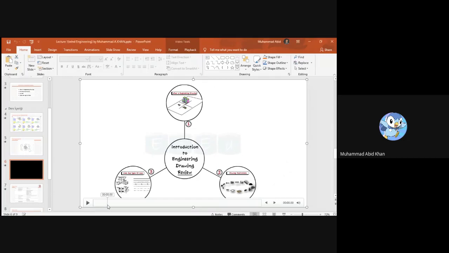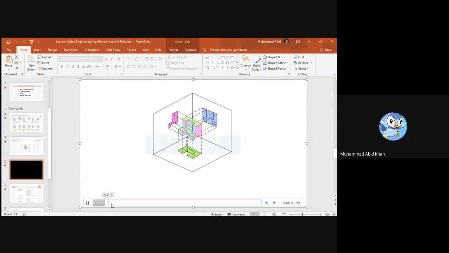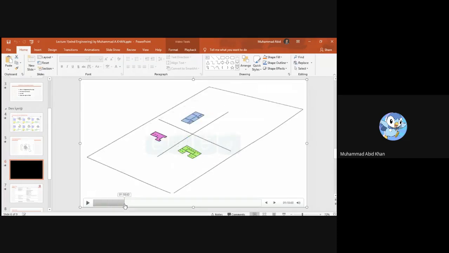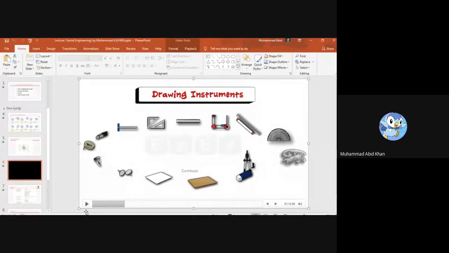In this picture, it is also a language. Curves, compass. These drawing instruments, I suppose you have them in your house.